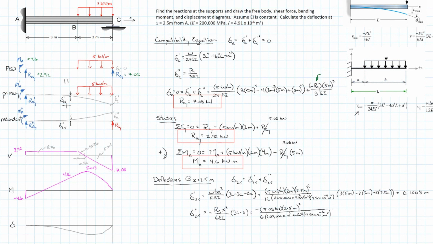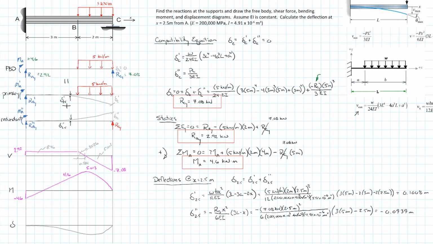Extend that out, and that's times 3 times L, which is 5 meters, minus x, which is 2.5 meters. And we run those numbers and we get negative 0.0939.